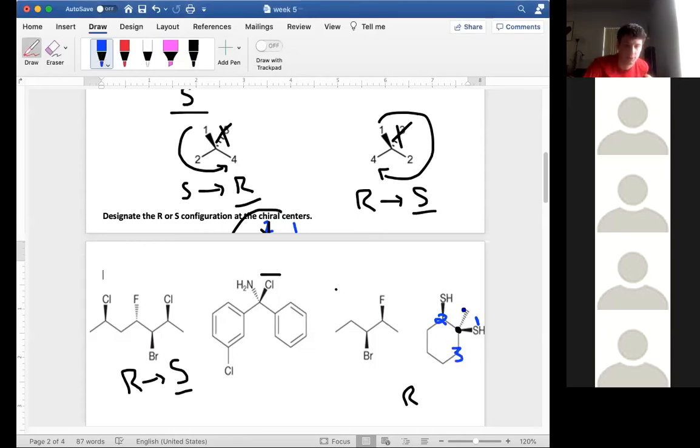So this would be 3, and this would be 4. All right, so cover what's in the back. 1, 2, 3. And this one would be S. Do we have to flip it? No, because what we covered wasn't a 1 or a 3. So that's it.